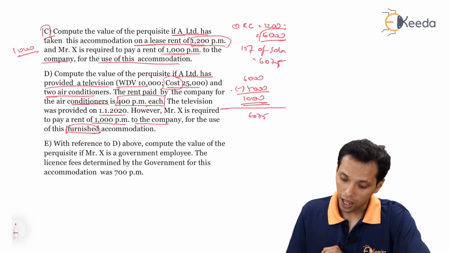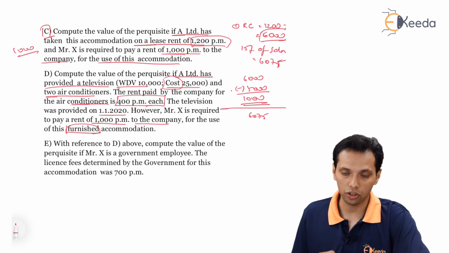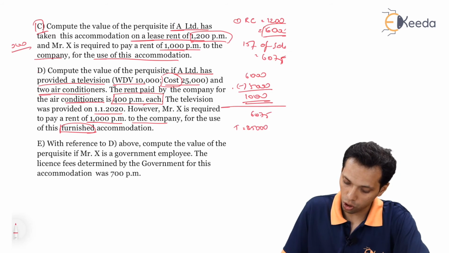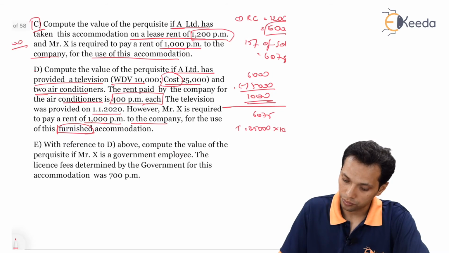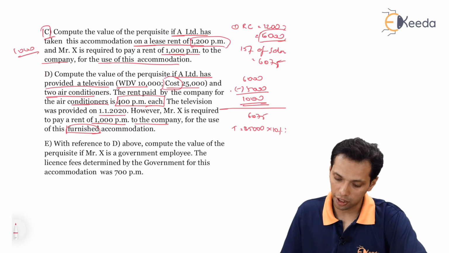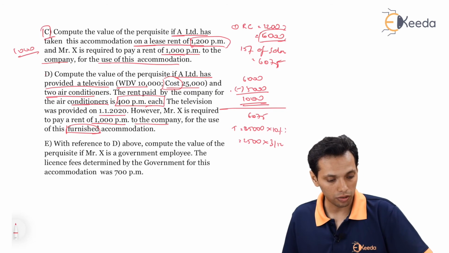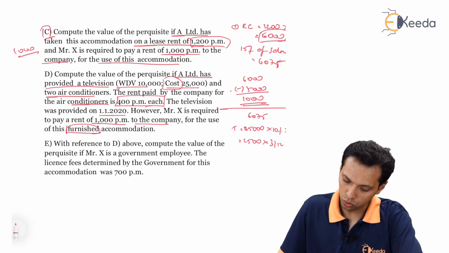To this we will have to add the cost of the furniture. Cost of the furniture will be, first is television. Television is nothing but 25,000 cost of the television into 10%, and that will be not per annum but for 3 months. 3 divided by 12, which is nothing but 2,500 into 3 divided by 12, which is nothing but 625.